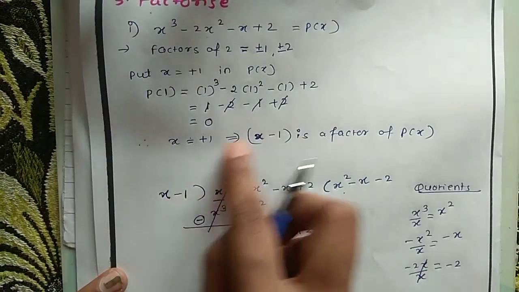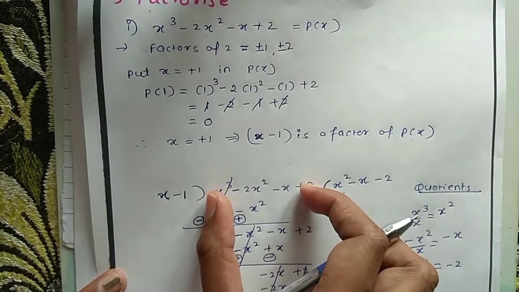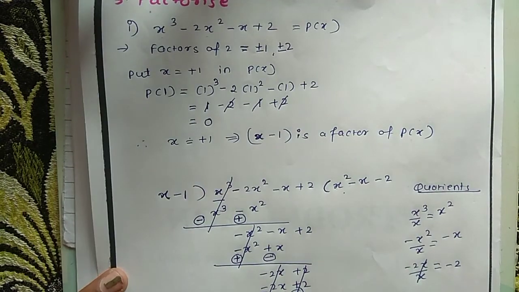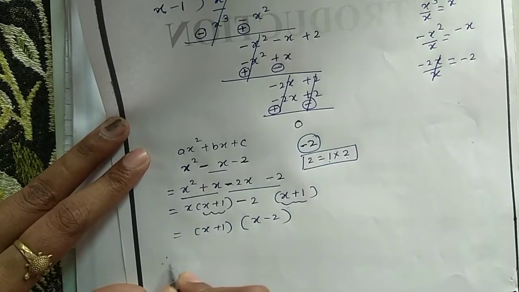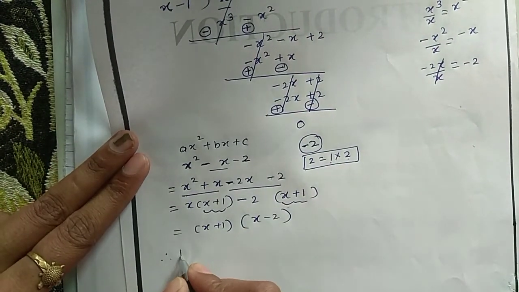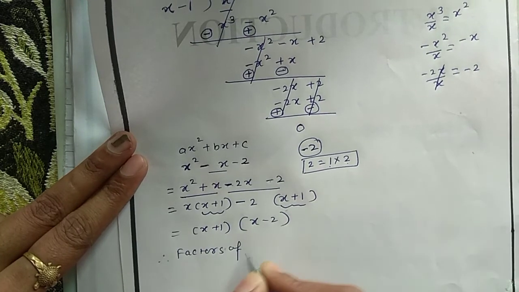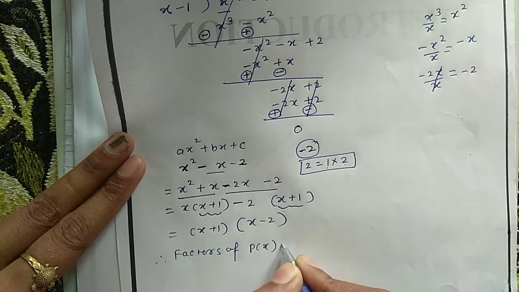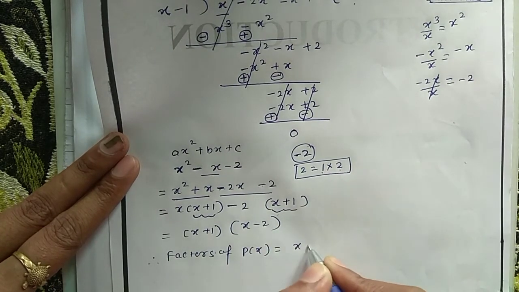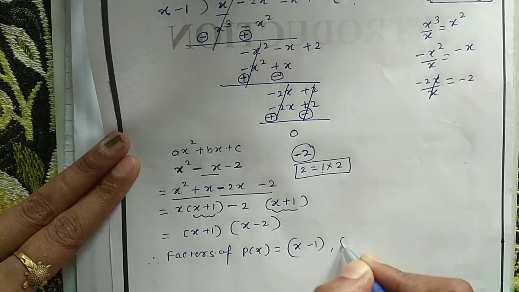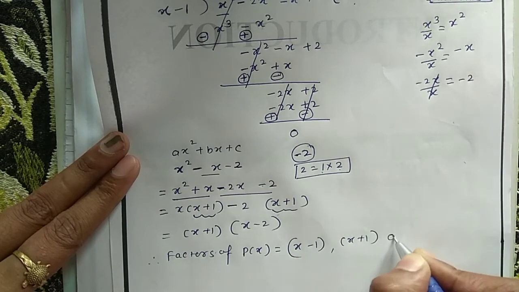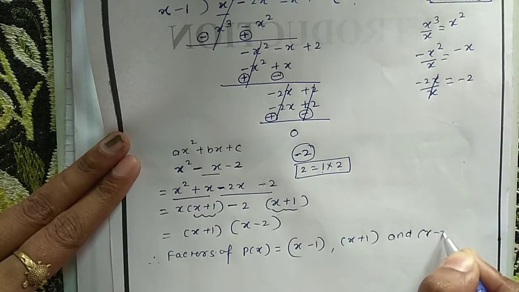And if you multiply these two polynomials, you will get this polynomial because the remainder is 0. So our final factors of the given polynomial are, you can write x minus 1, which we already have got, x plus 1 and x minus 2.